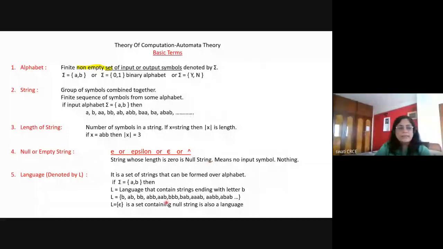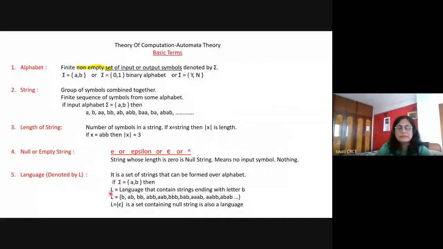Now the next term is the language. The language is denoted by capital L, and suppose my sigma is equal to {a, b}. The language L is a set of strings which can be formed over this alphabet.